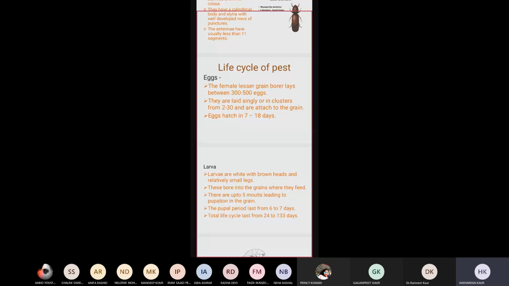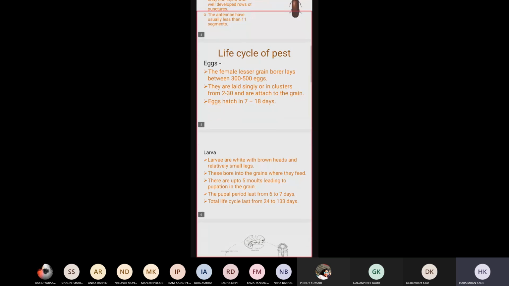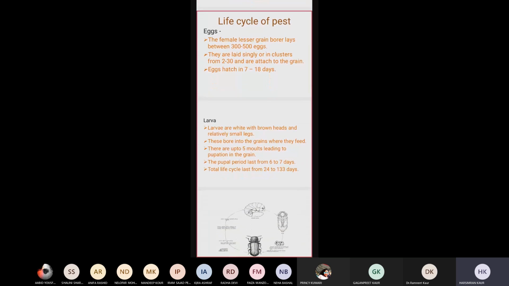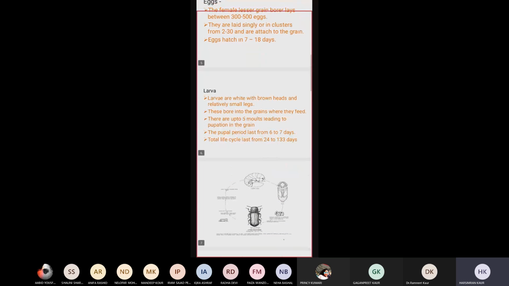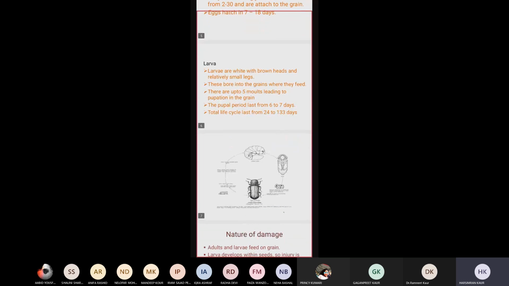The pupal period lasts from 6 to 7 days and the total life cycle lasts from 24 to 133 days depending upon the environmental conditions, that is temperature, humidity, etc. This is the life cycle of the lesser grain borer.